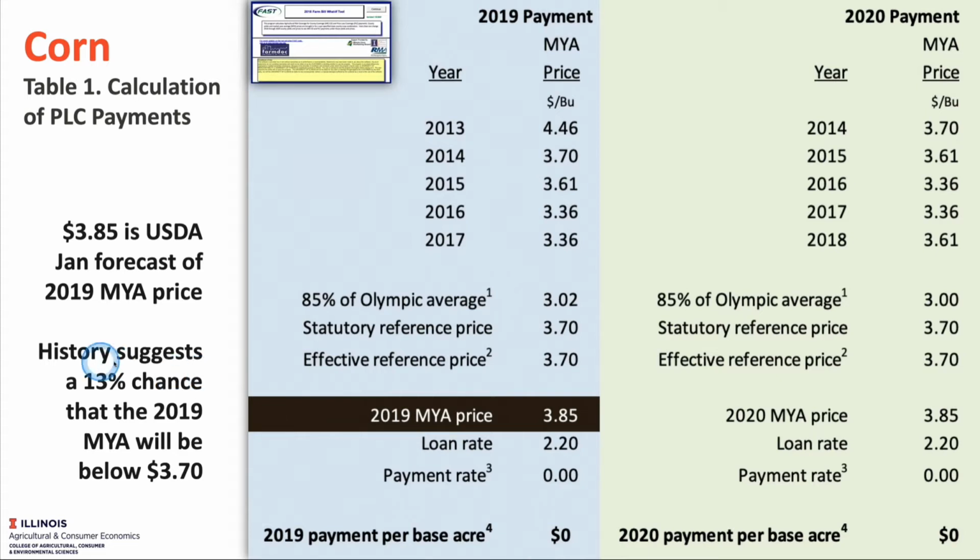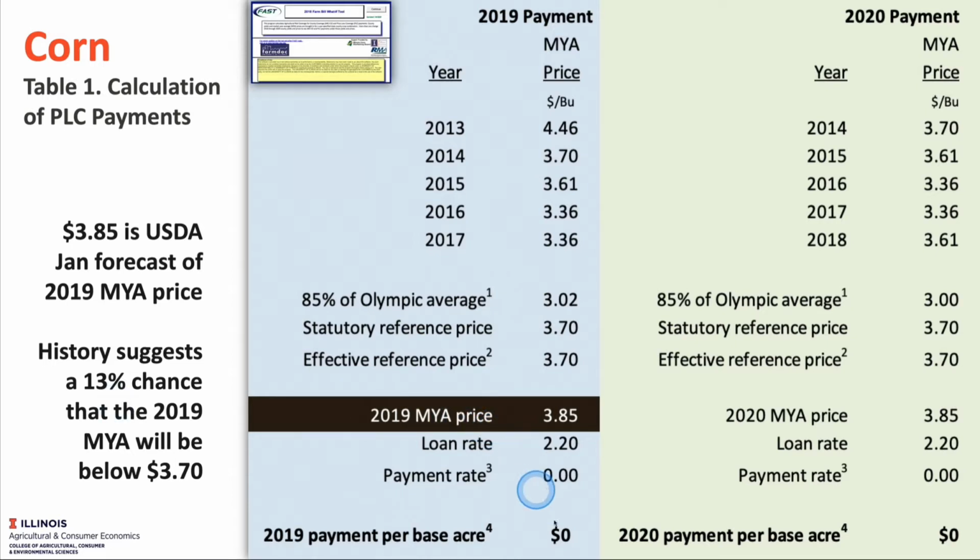Yep. And history would suggest that if there's a 385 price, there's a 13% chance that the 2019 market year average price will be below 370. We look at history and say, here's a January price. What are the chances of those falling enough to trigger payments? 13%. So roughly 9 out of 10 years, we will not see a PLC payment for 2019.